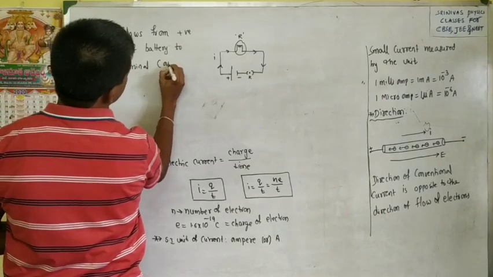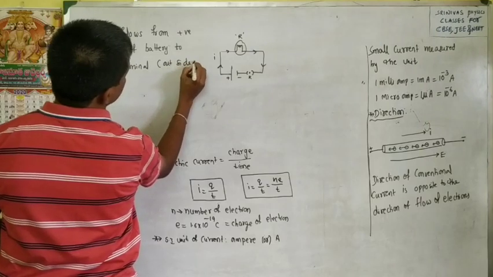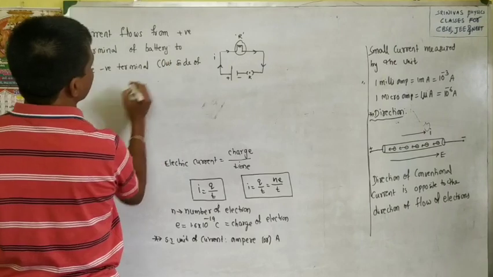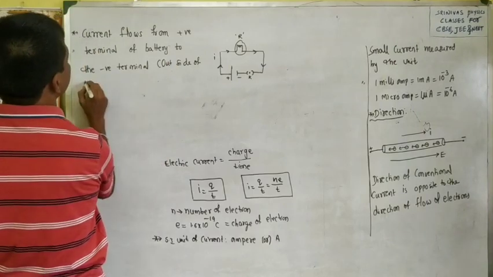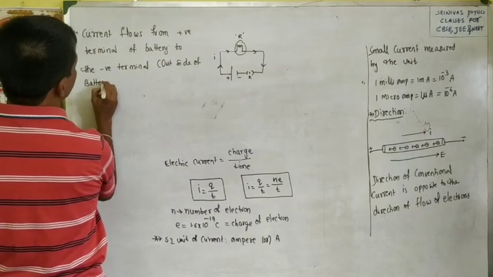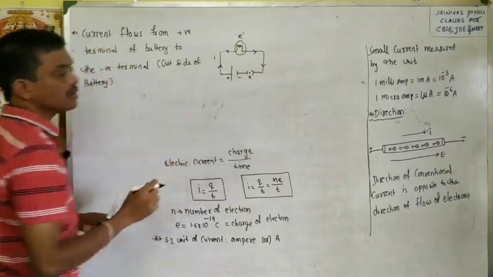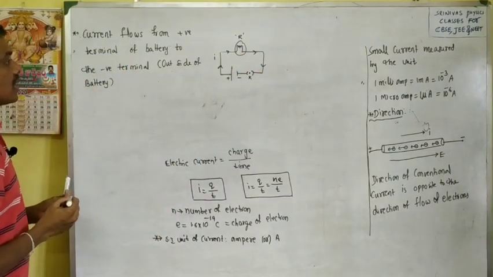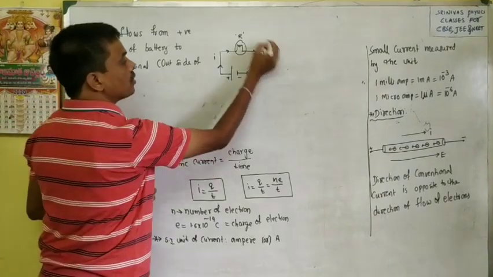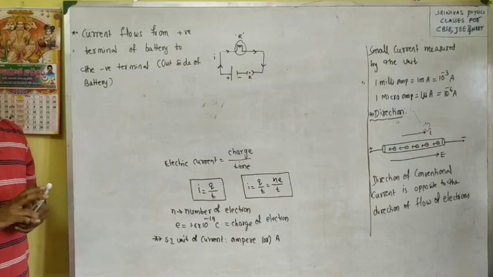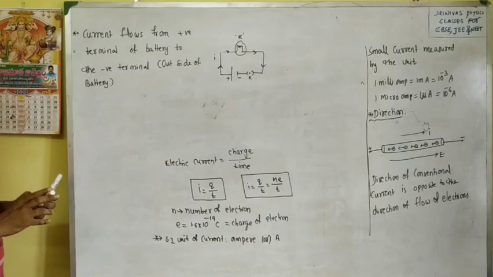This is outside of the battery. Current flows from positive to negative, but electrons flow from negative to positive, and the direction of the current is always taken as opposite to the direction of flow of electrons.